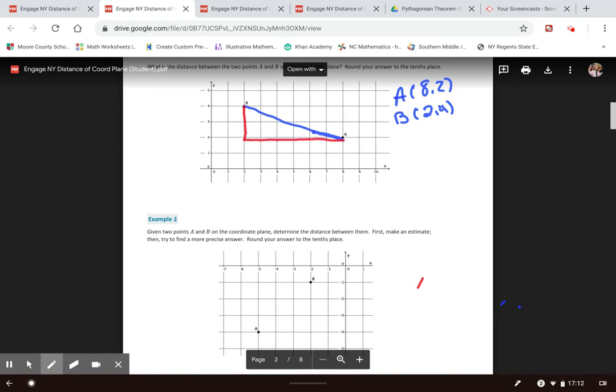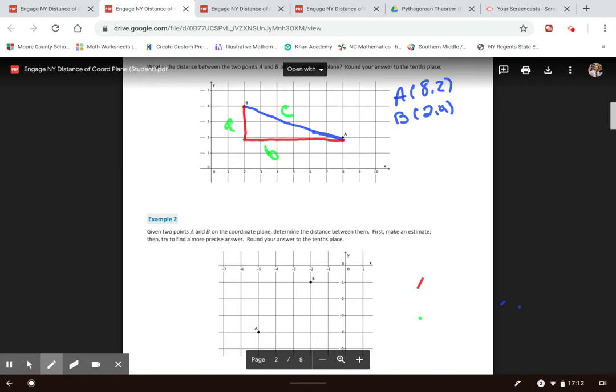Okay? So as I do that, I now have 2 legs. So I have A and I have B. And then, of course, I have my hypotenuse, which is C. Okay?